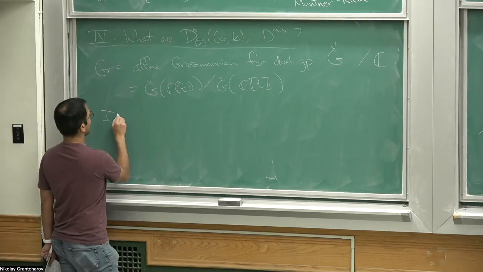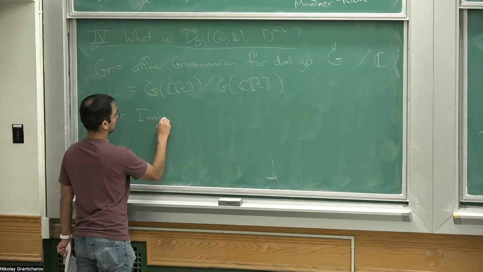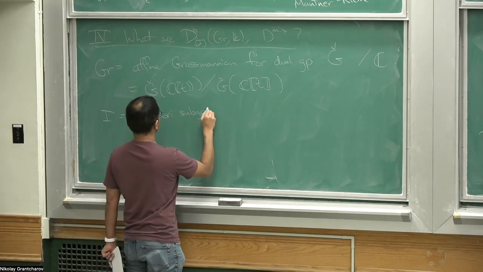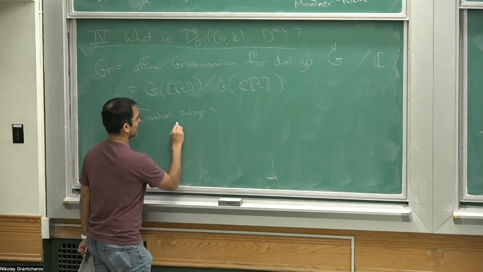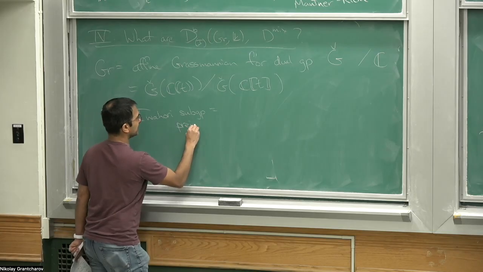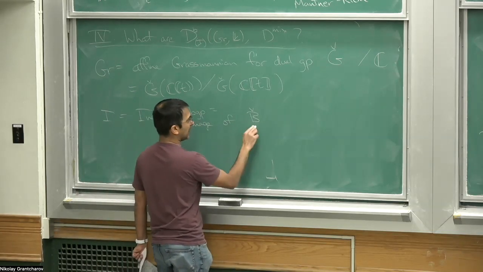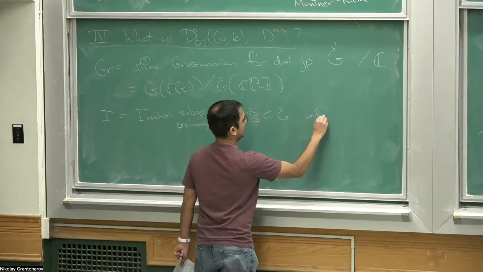So I is the Iwahori subgroup. So this is the preimage of the Borel B check inside G check under the map.